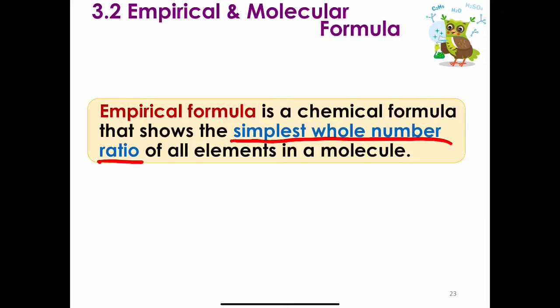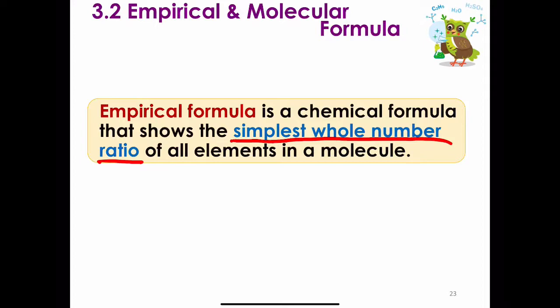Okay, so for any of you yang tengah ada hard copy untuk notes yang ni, Miss nak kamu betulkan lah. So it's supposed to be simplest whole number ratio, sebab dalam nota Miss just tulis simplest ratio, so tolong betulkan. Okay, so it needs to be simplest whole number ratio, so dia tak boleh jadi nombor perpuluhan, tak boleh dalam bentuk pecahan.